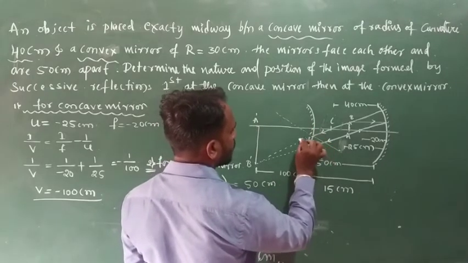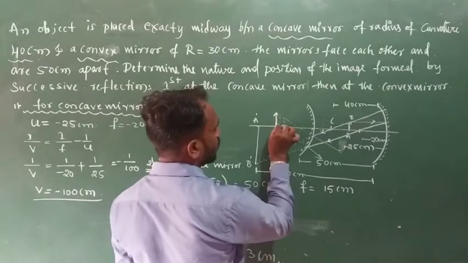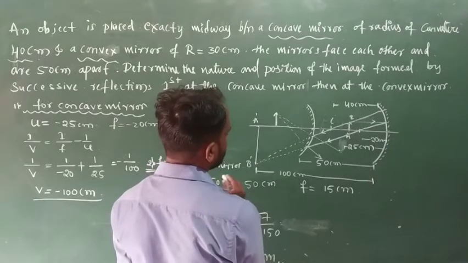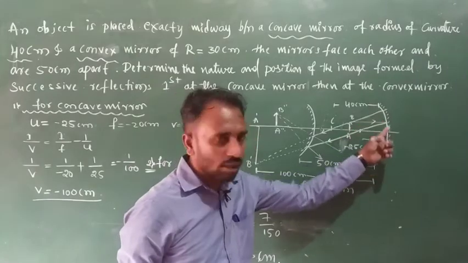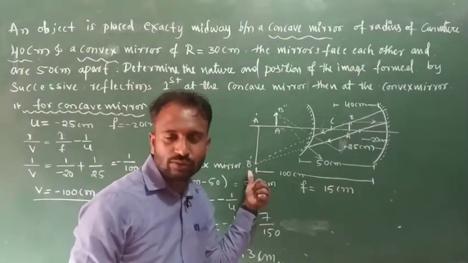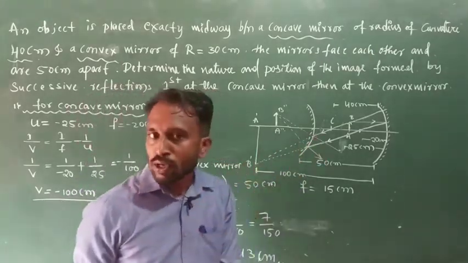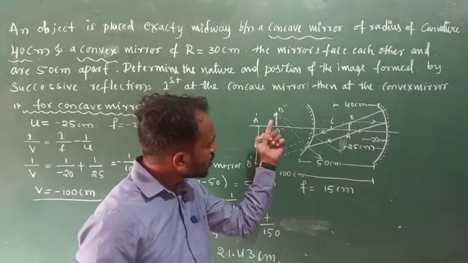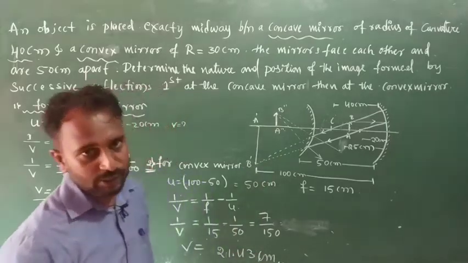If you extend this, here we get an image. So if you consider this as the object for the concave mirror, this is the image for the concave mirror, and this image we consider as a virtual object for the convex mirror, and this one is the image for the convex mirror.